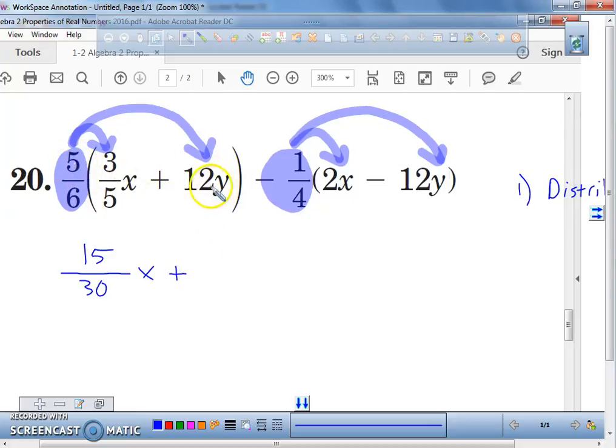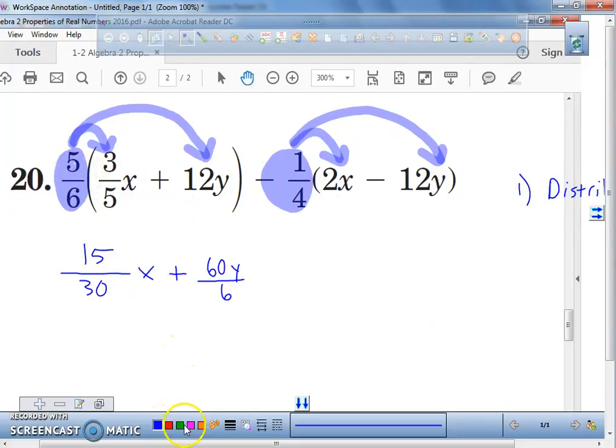5 times 12. Now, that's a tricky one. Who here knows 5 times 12? 60 is correct. We'll put 60y over 6. All right? Now, there is another way that I showed you guys earlier on in the week where you wouldn't have to multiply everything out.